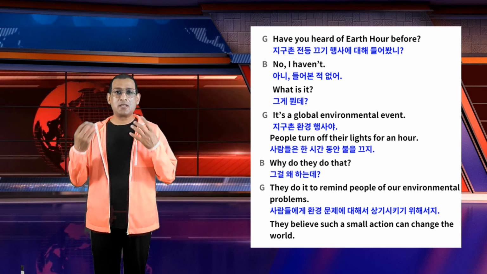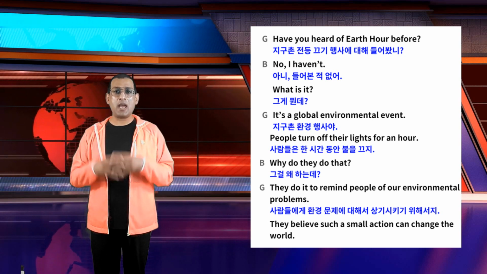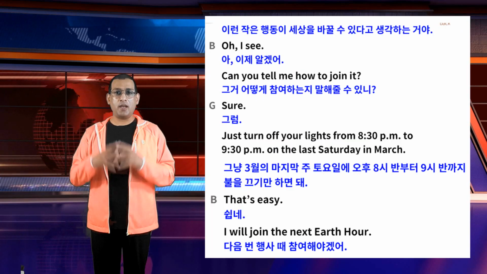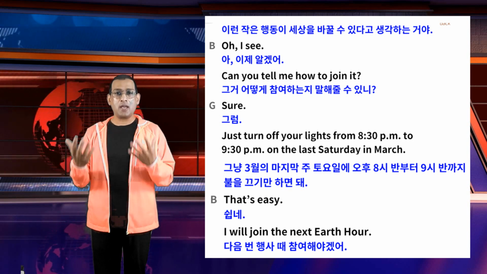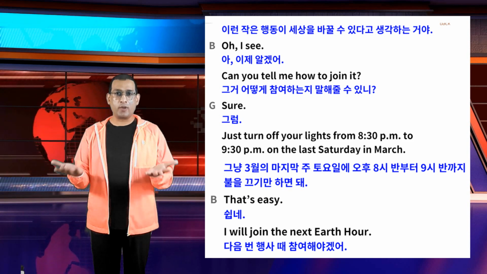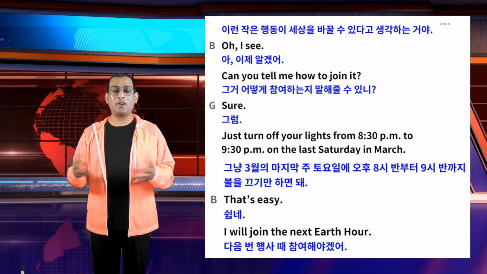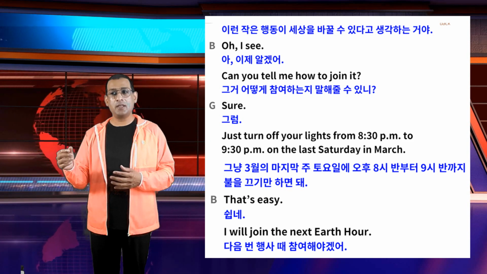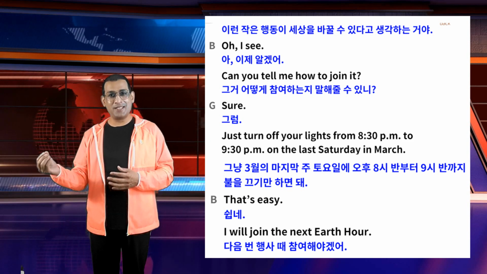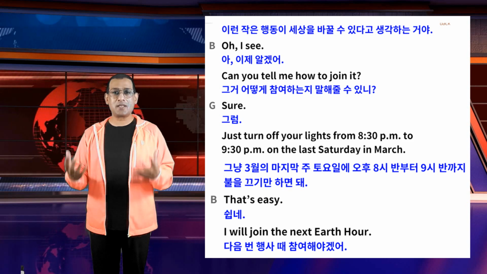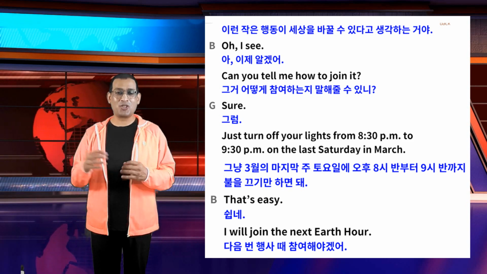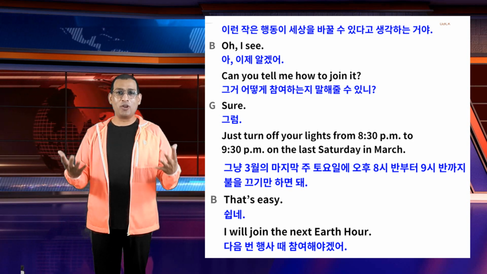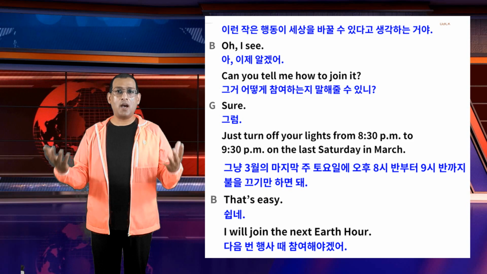They believe such a small action can change the world. And the boy says, Oh, I see. And our pattern dialogue is, Can you tell me how to join it? And girl says, Sure. Just turn off your lights from 8:30 p.m. to 9:30 p.m. on the last Saturday in March. And the boy says, That's easy. I will join the next Earth Hour.